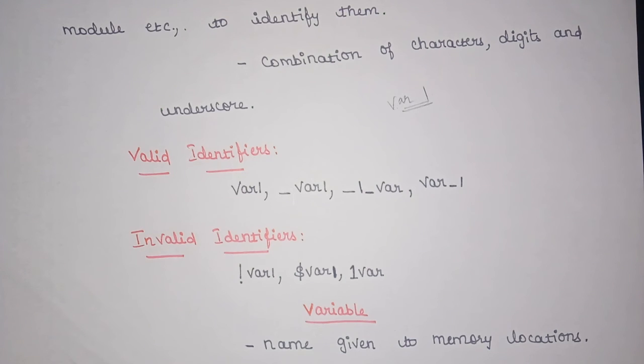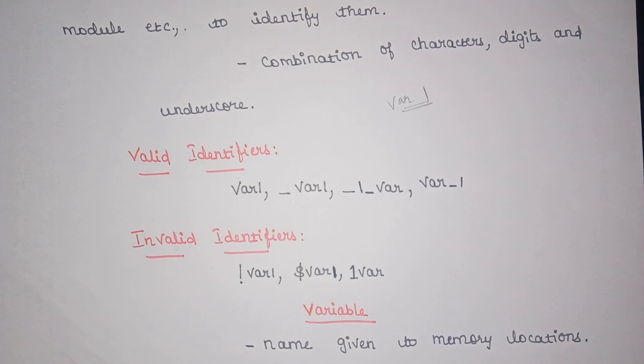Then coming to variable. What is a variable? A variable is also a name given to a memory location, to refer to that memory location. What is the use of a variable? It is used to hold some values.